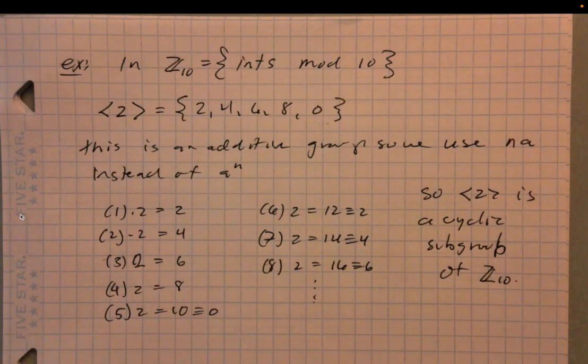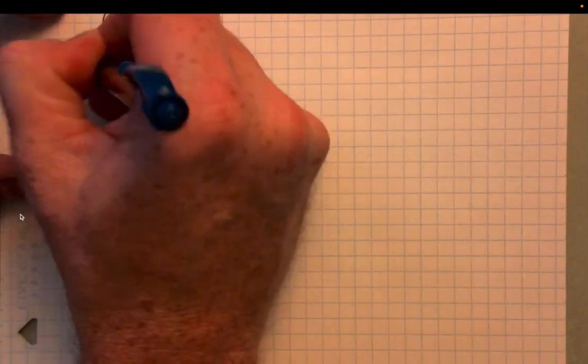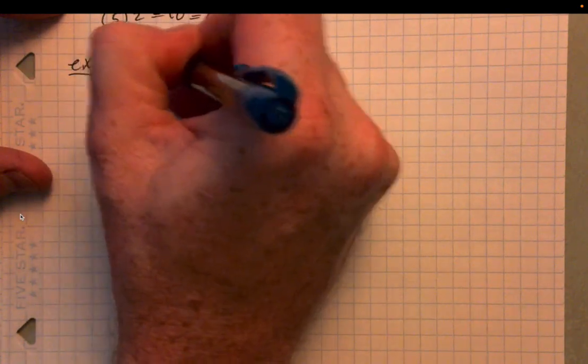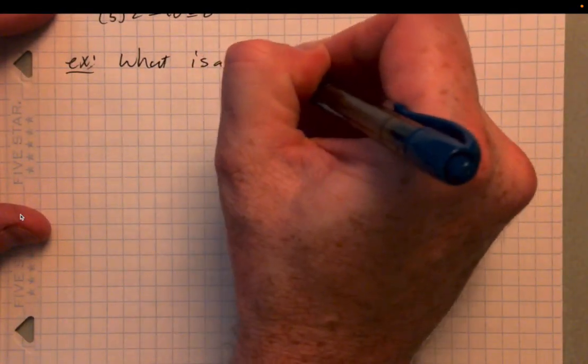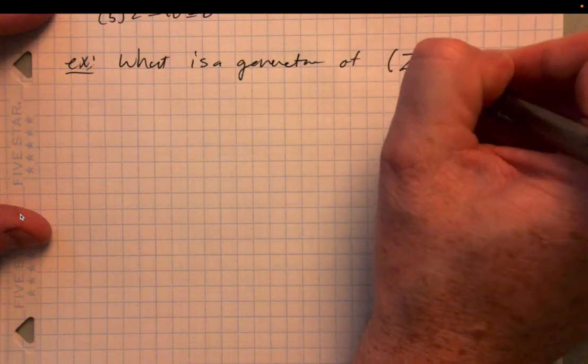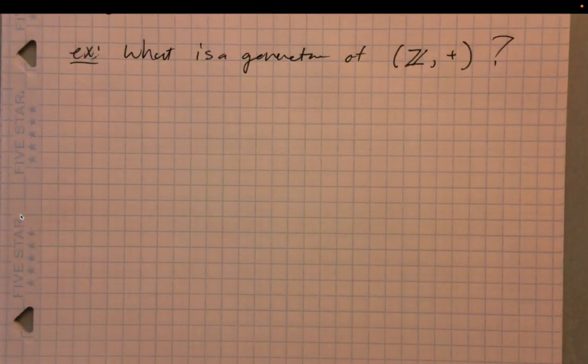All right. Now here's another example, one that maybe would be surprising. What is a generator of the integers under addition?